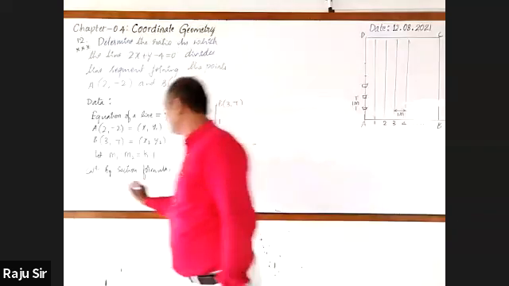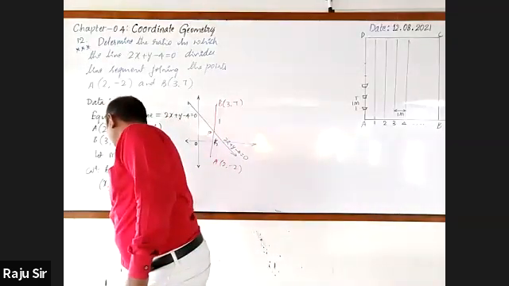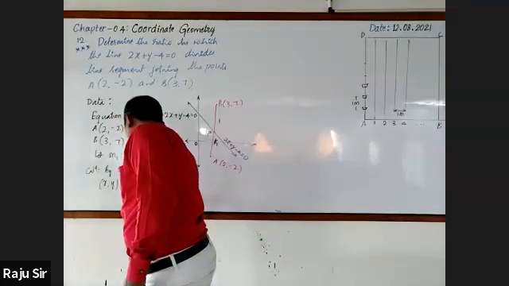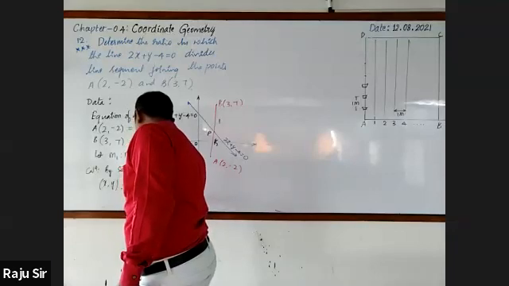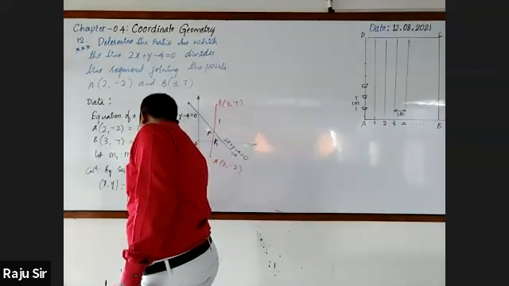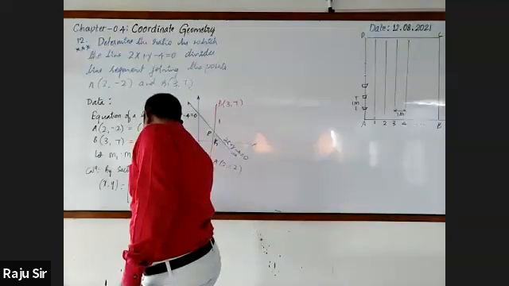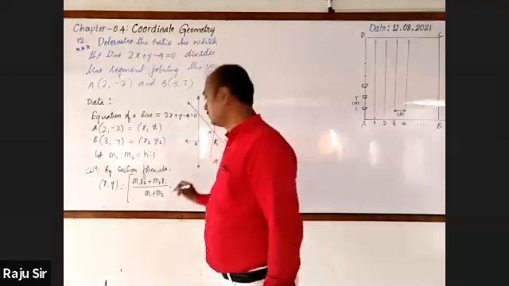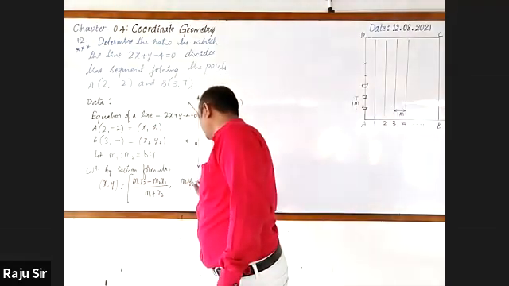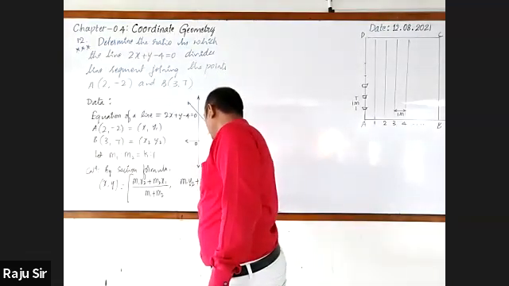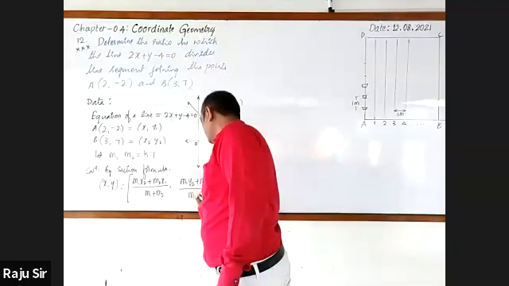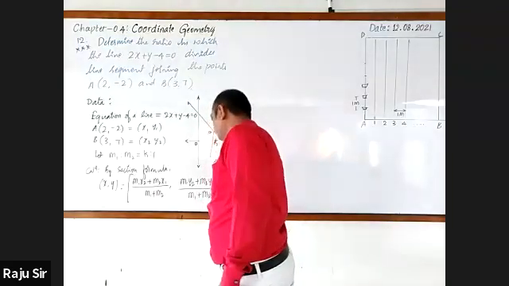That is, x comma y is equal to m1 x2 plus m2 x1 by m1 plus m2, m1 y2 plus m2 y1 by m1 plus m2.